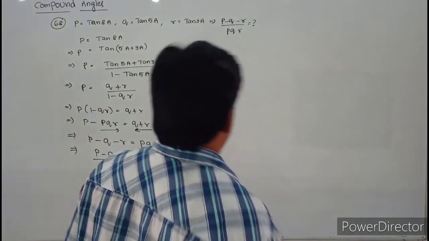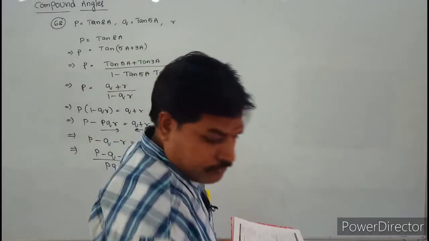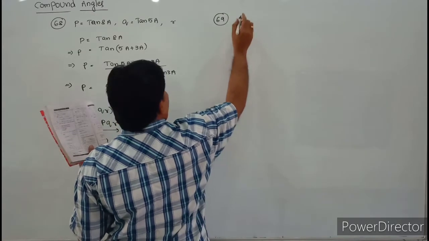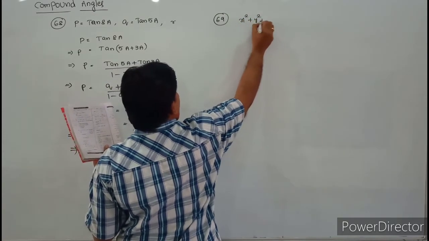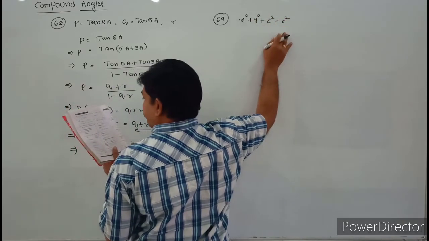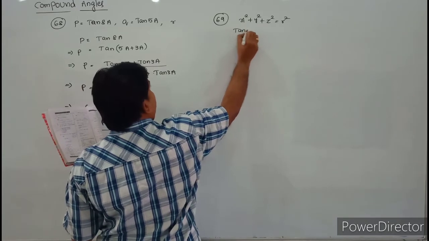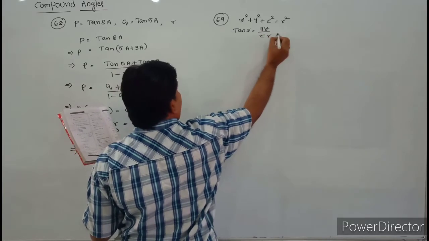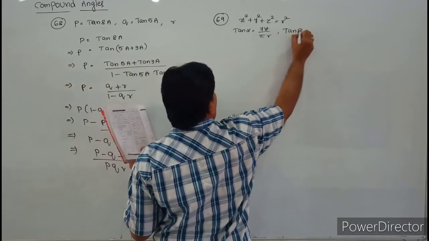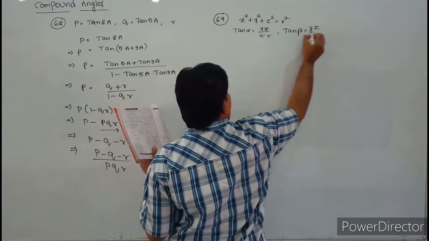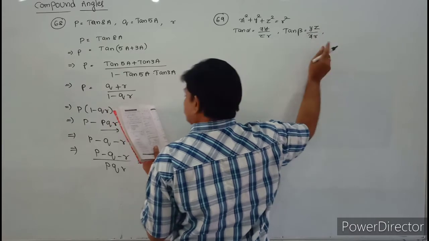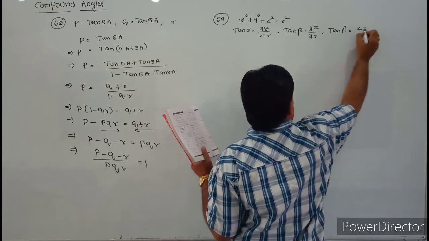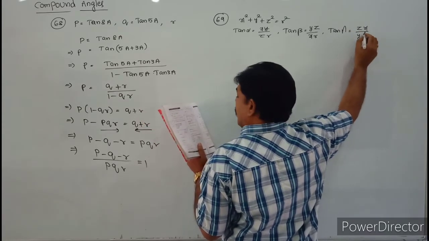What is question number 69? x square plus y square plus z square is equal to r square, and tan alpha is equal to xy by zr, tan beta is equal to yz by xr, and tan gamma is equal to zx by yr.